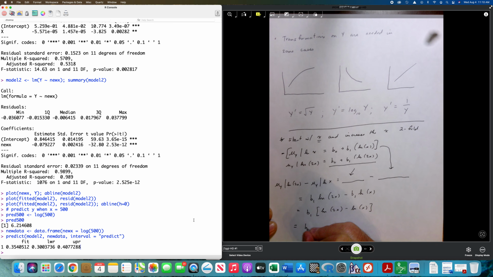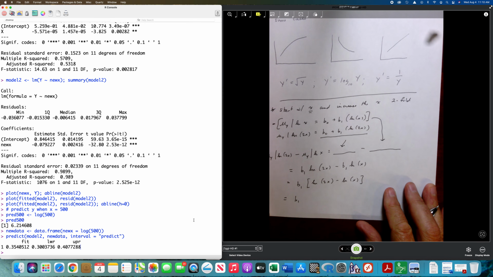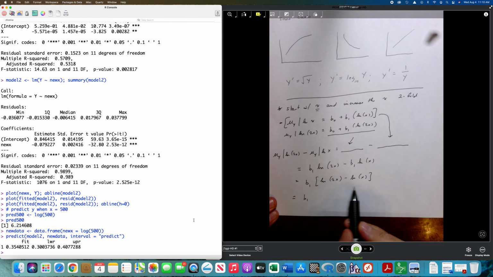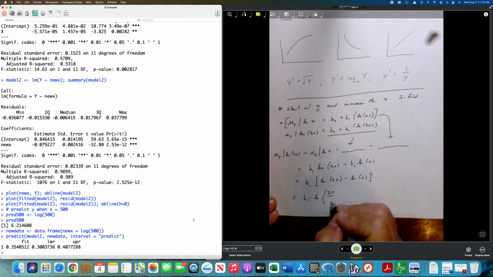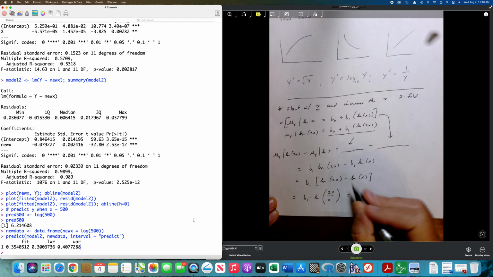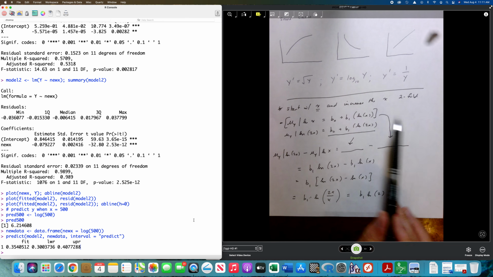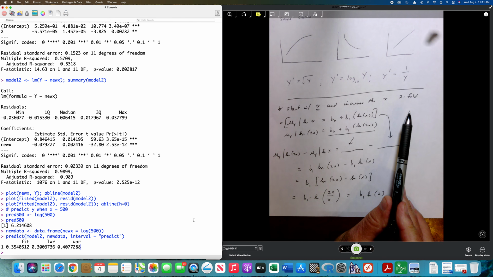So we're going to have b1. We know the property of natural logs that when we subtract, we can rewrite that by dividing. Of course, the x's can cancel. So we can take b1 times the natural log of 2 to look at the increase in our x twofold.